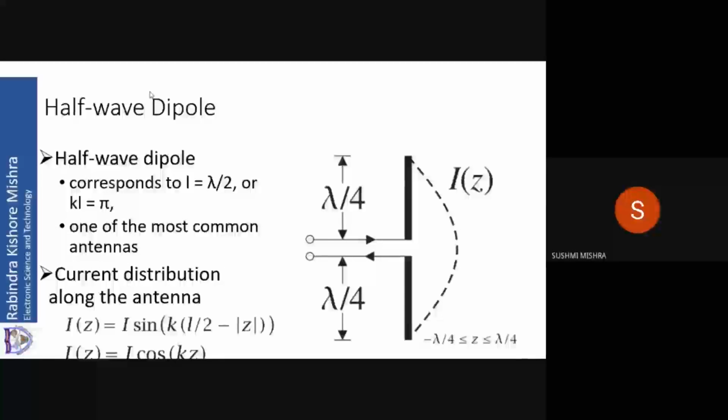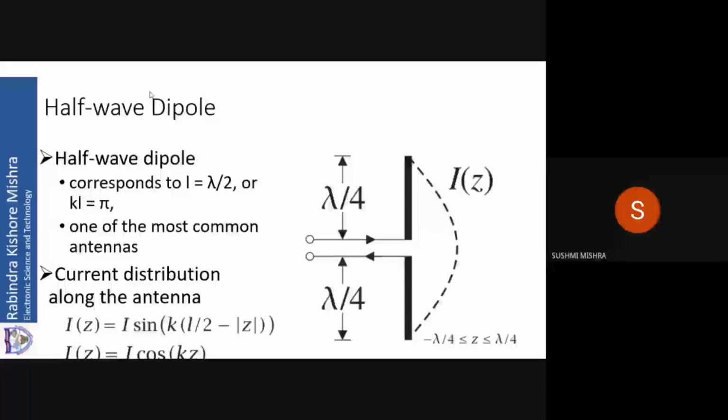So let me start with half wave dipole. By half wave dipole, what we always mean is in the antenna community, not in the physics community. In the physics community, if you say half wave dipole, they will laugh at you because a dipole in physics is defined as two charges separated by an infinitesimal distance.